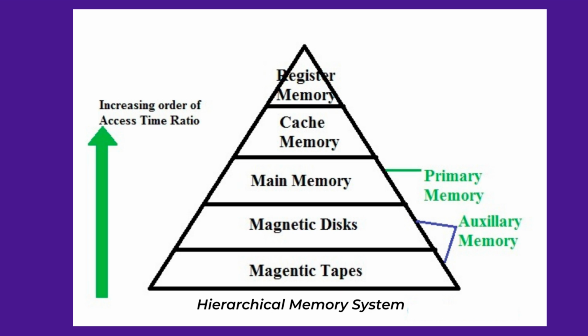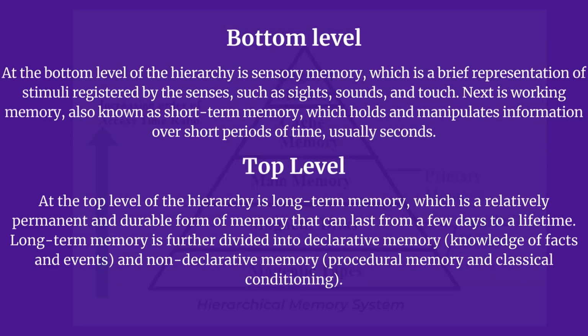Bottom level. At the bottom level of hierarchy is sensory memory, which is brief repetition of stimuli registered by the sense, such as sight, sound, and touch. Next is working memory, also known as short-term memory, which holds and manipulates information over a short period of time, usually seconds.